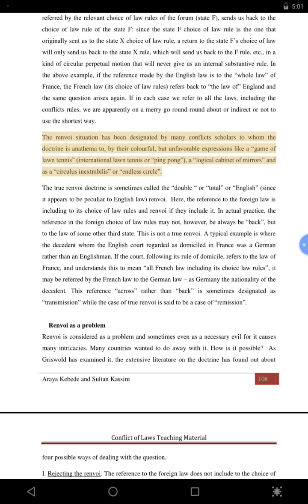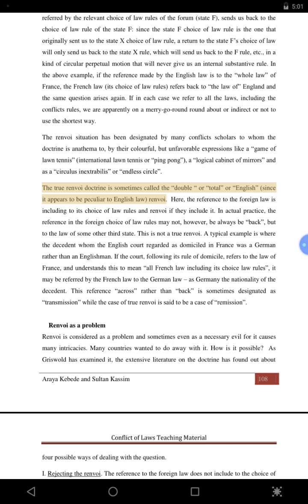The renvoi situation has been designated by many conflict scholars, to whom the doctrine is anathema, by colorful but unfavorable expressions like a game of lawn tennis, international lawn tennis, or ping-pong, a logical cabinet of mirrors, and as a circulus inextricabilis, or endless circle.